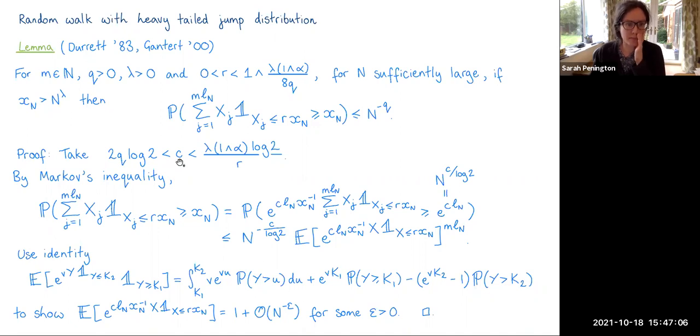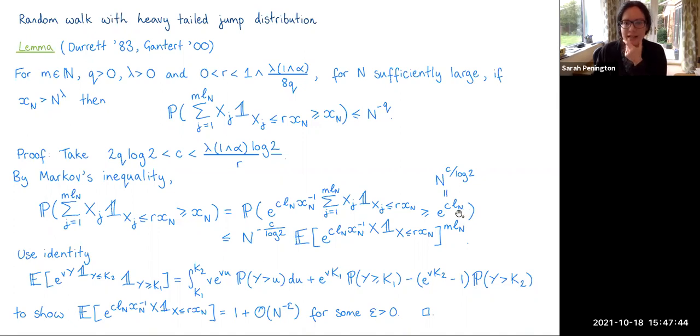And we're going to use Markov's inequality. The probability that this sum is at least xn, what we're going to do is take an exponential of both sides. So it's the same as the probability that e to the power of c l_n xn inverse times the sum of xj times the indicator that xj is at most r xn is greater than or equal to, on the other side, e to the power of c l_n xn inverse times xn, so we end up with e to the power of c l_n.